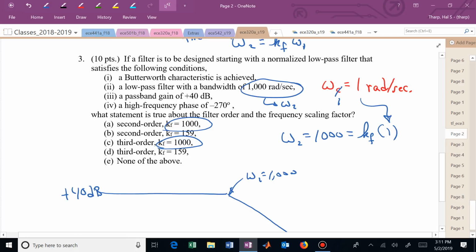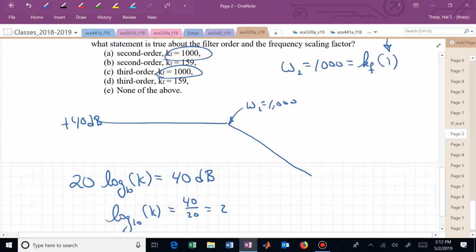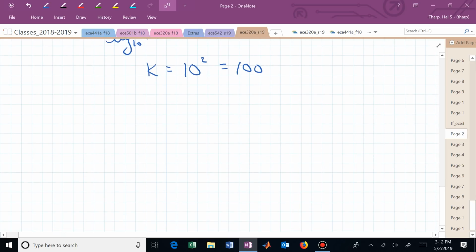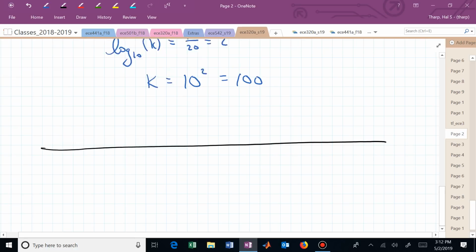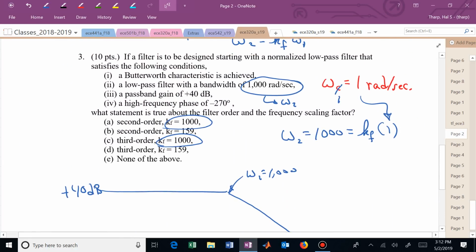What you are given here is a high frequency phase of minus 270 degrees, which means in the high frequency region, and what's considered high frequency in this particular case? It really doesn't matter in this problem, but what would be considered high frequency in this problem statement?